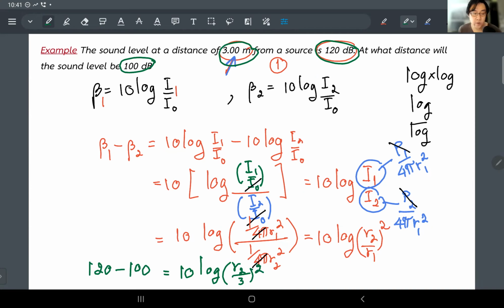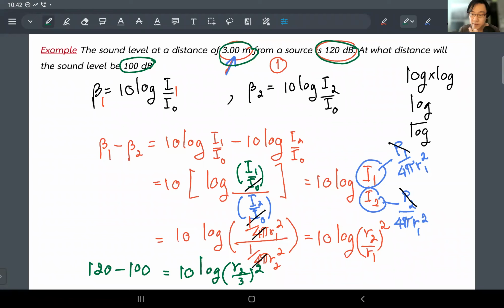And that's it, guys. You are done. You can just rearrange this whole thing and come up with R2. Okay, sounds cool. All right, guys. So that is it for the first half of the material that I want to deliver to you. It's just 2 definitions so far: intensity and intensity level.